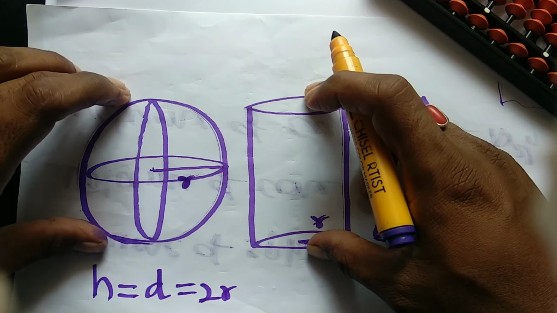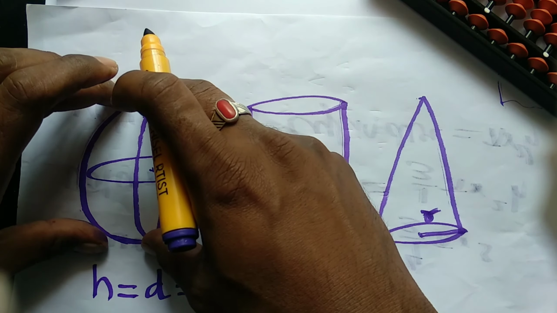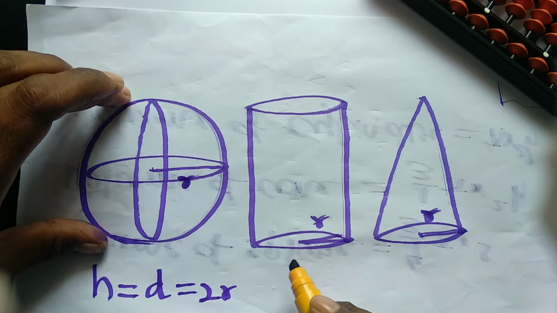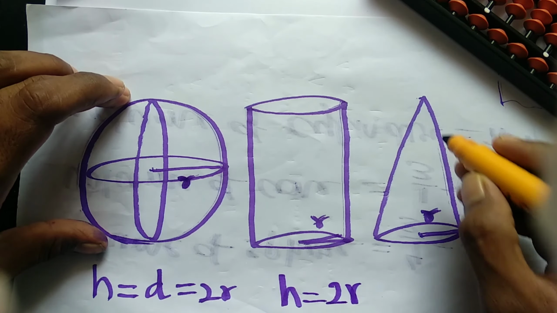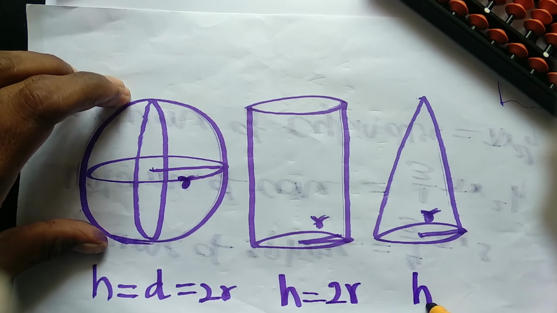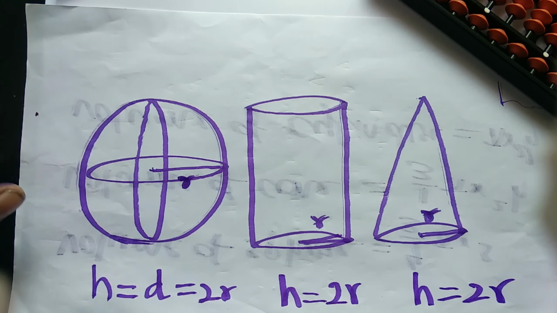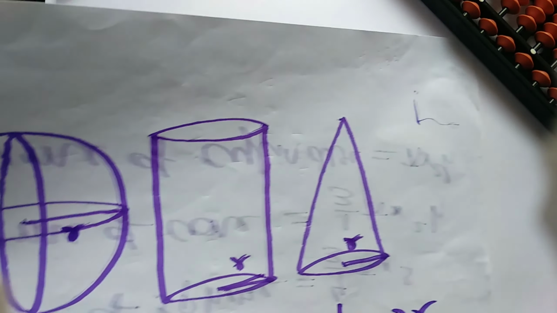Since the height of the cylinder is equal to the height of the sphere, the height of the cylinder is also 2 times the radius. Similarly, the height of the cone is also 2 times the radius. Now we can find the ratio of their volumes.